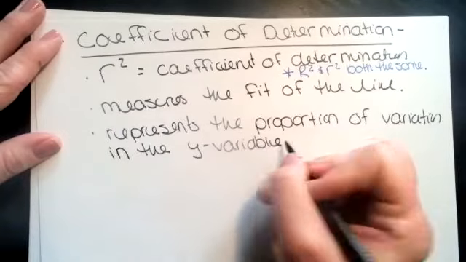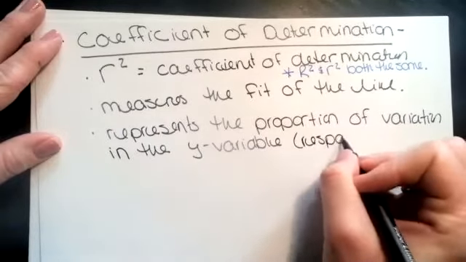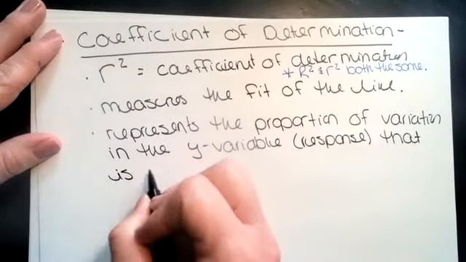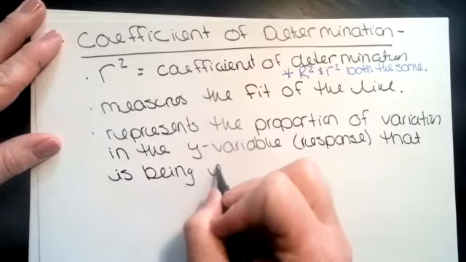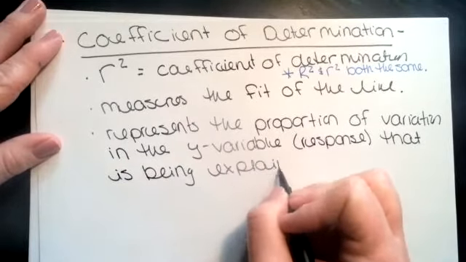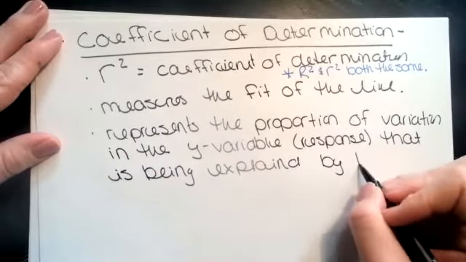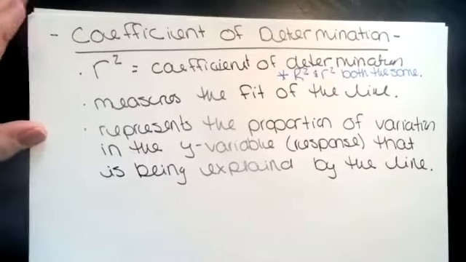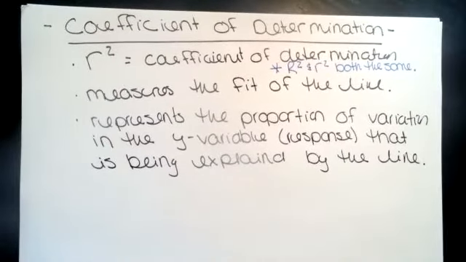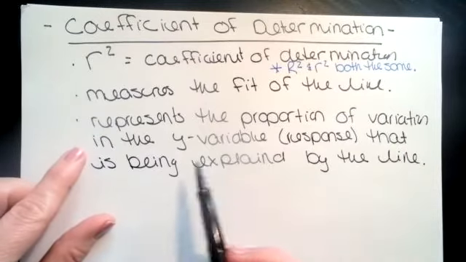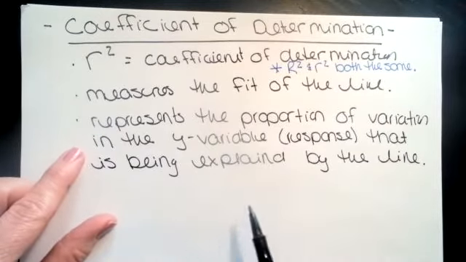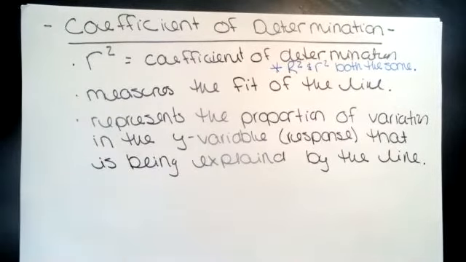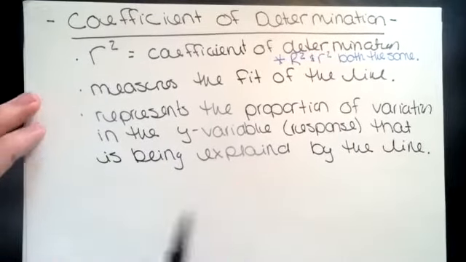Remember, that is my response variable that is being explained by the regression line. So that's what R squared represents. It represents the percentage of variation in my y variable that's being explained by the line. And this is actually my interpretation we will use.